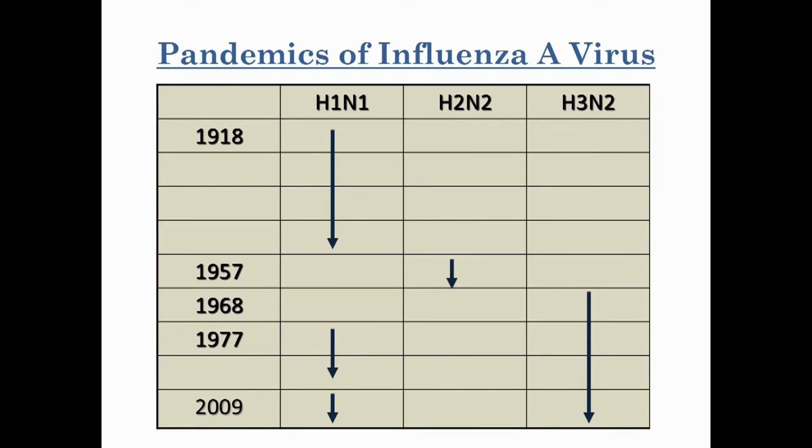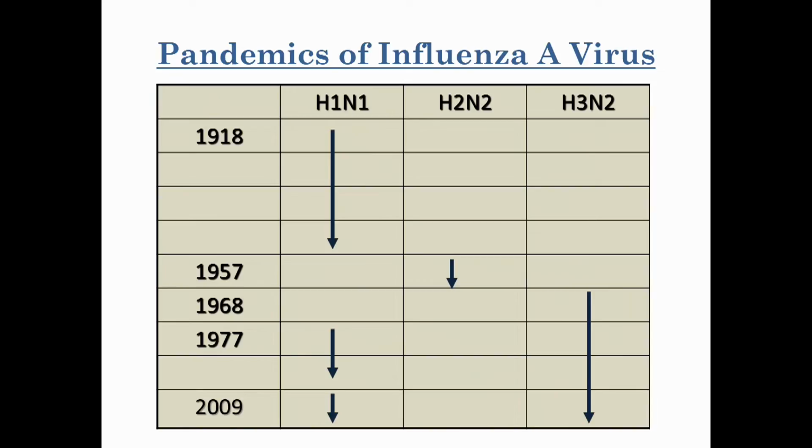And this strain circulated by itself until 1957, when it completely disappeared and the H2N2 was introduced into the human population. And this virus circulated by itself in humans until 1968, when it disappeared and the H3N2 virus appeared.